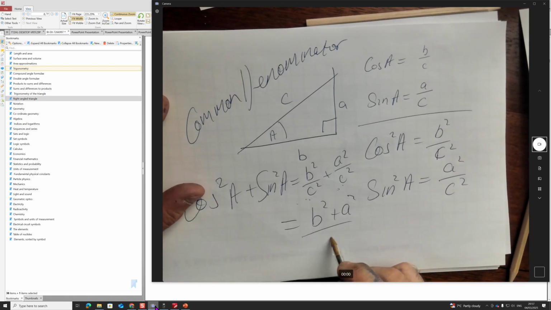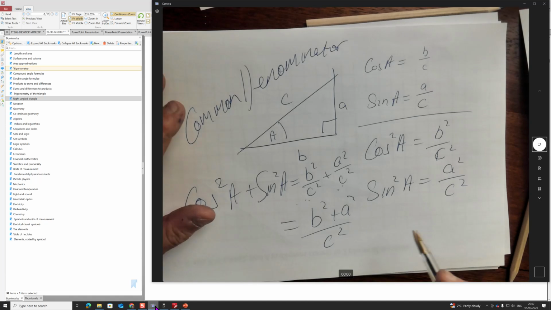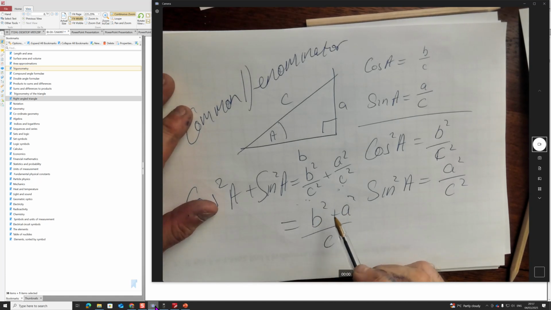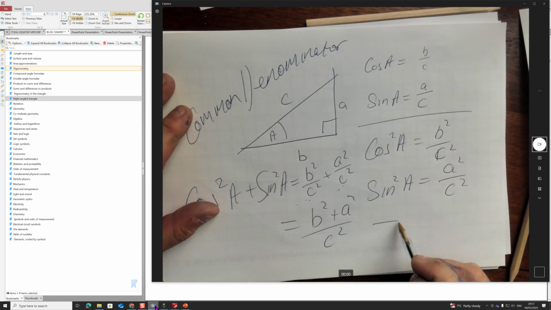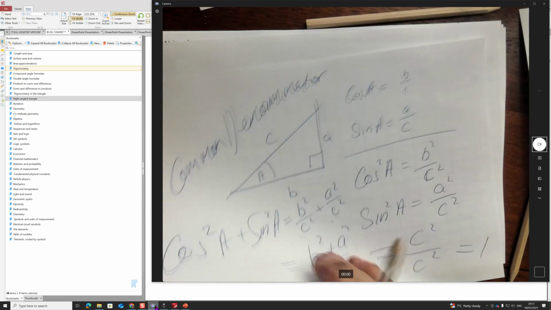A squared plus B squared over C squared. And then you go, aha, A squared plus B squared is C squared through Pythagoras. So that's C squared over C squared, and that's 1.